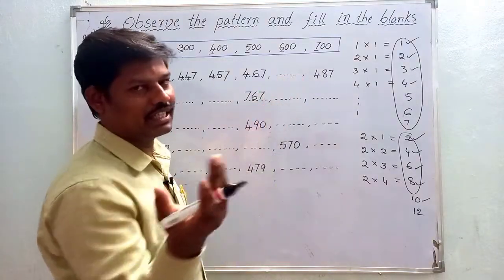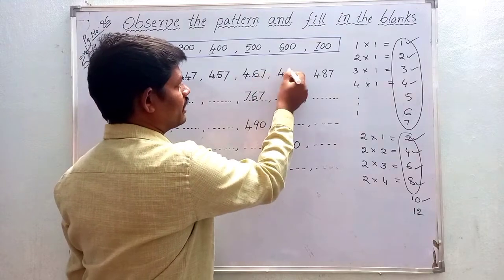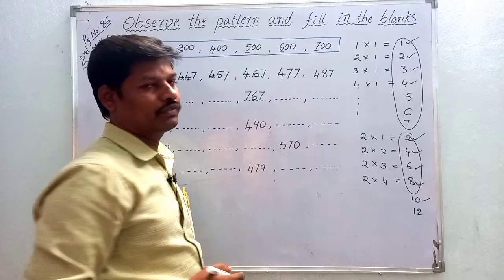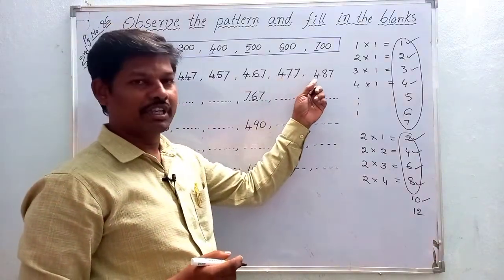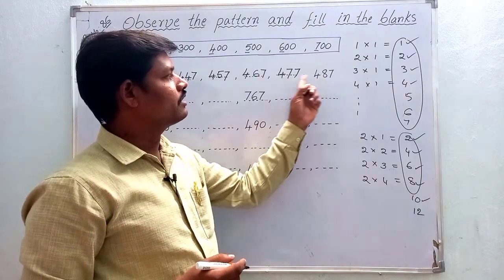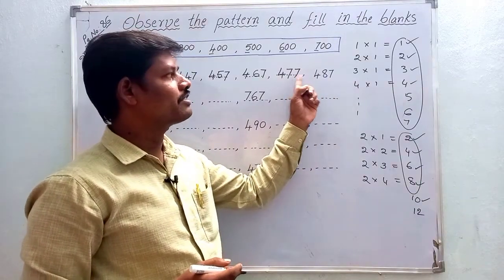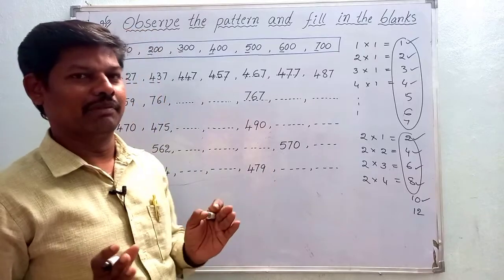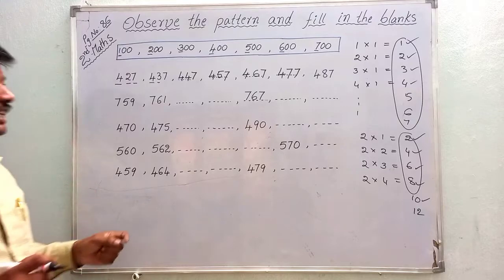Next one you can say easily 4, 6 after 7, here also 7. Now observe this number, same hundreds place 4 is there, tens place 1 increased, 7 after 8 came, and ones place same digit 7 only. Very easy, interesting.